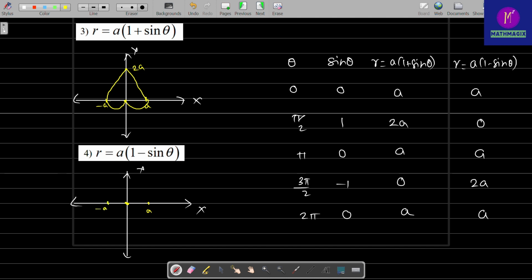So basically this is minus a, but the radius is a at angle pi. Then r equals 2a for 3 pi by 2. And again it is a for angle 2 pi. So if I join this, we will get a cardioid in this way. So obviously this diagram is symmetric. So this is the way we can draw cardioid.